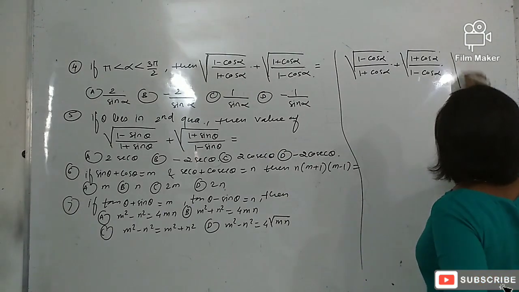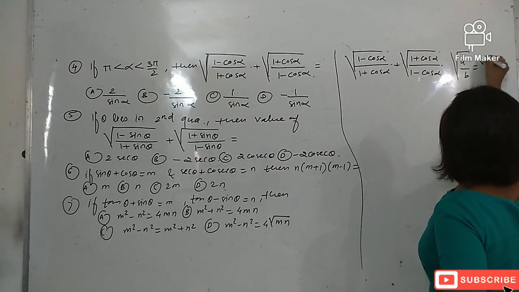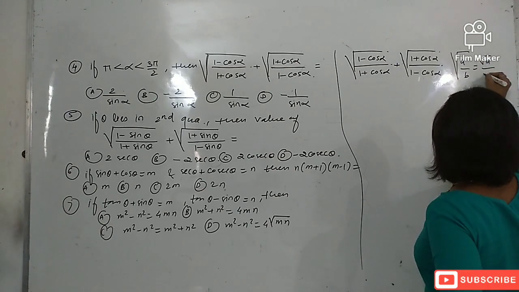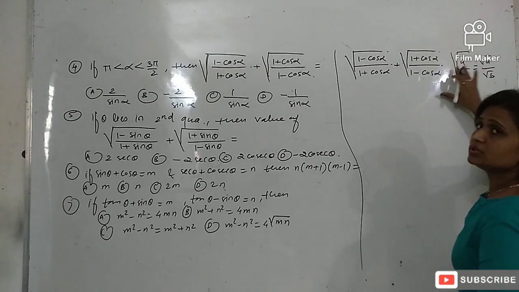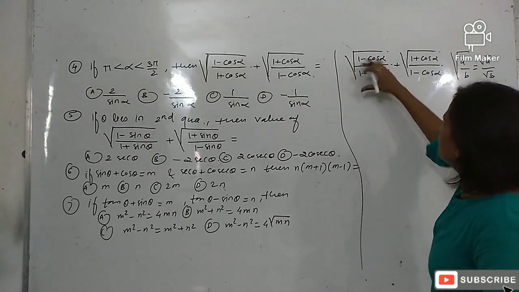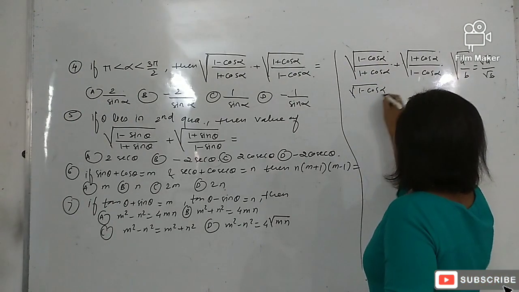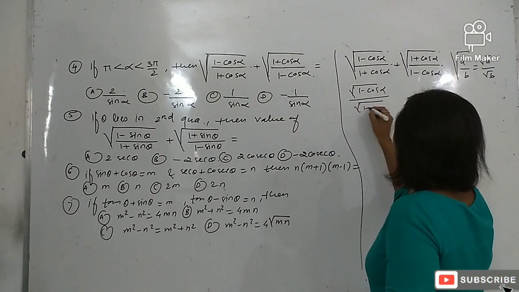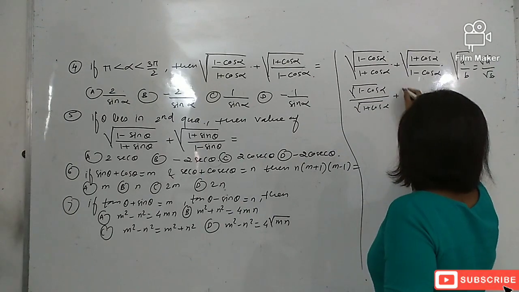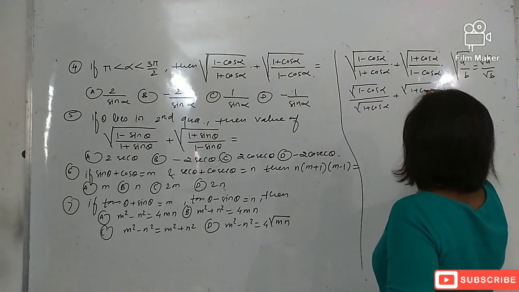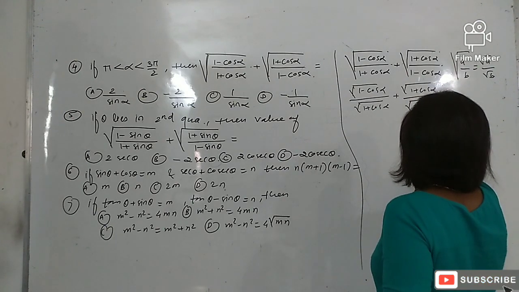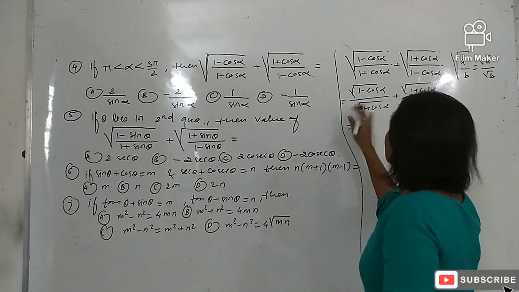So simply remember that square root of a divided by b, I can write this value as root a divided by root b. So using the same concept, I am just separating this root. So square root of 1 minus cos alpha divided by square root of 1 plus cos alpha plus square root of 1 plus cos alpha divided by square root of 1 minus cos alpha, and then just complete the calculation.